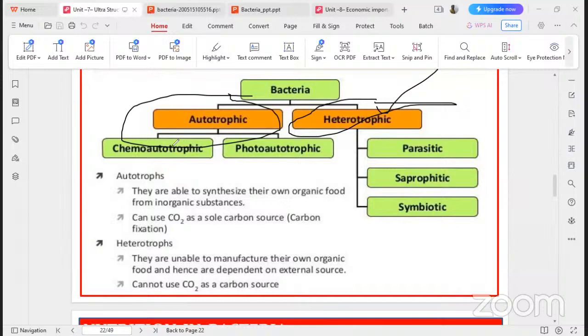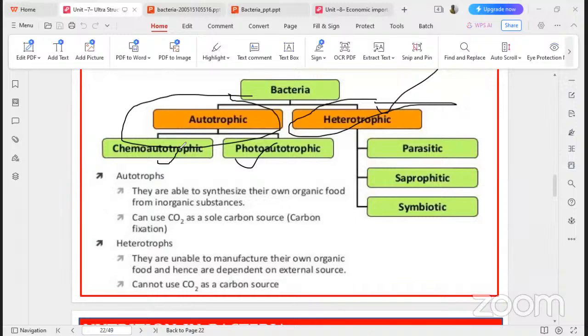Autotrophs again are of two types: photoautotrophs and chemoautotrophs. That means if it depends upon chemicals for the synthesis of food material, we call it chemoautotrophic. If it depends upon light, as in other plants, photo means light.